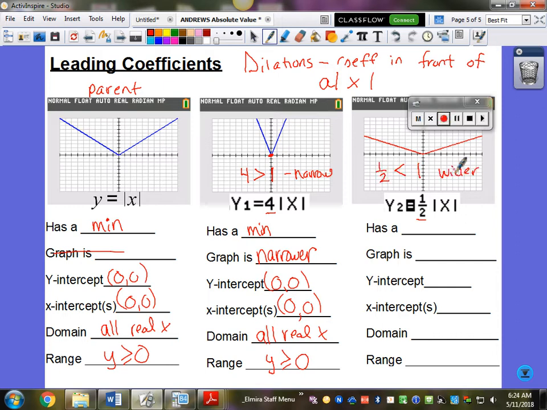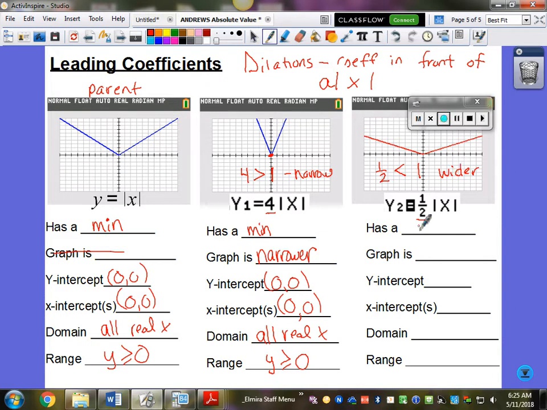So anything that's a fraction, or it could be a decimal of 0 point something. Okay, I don't want to get into negatives because that's what we just talked about. A negative is not only going to change how wide or narrow the V is, it's also going to flip it over, which is a separate thing that we just talked about.